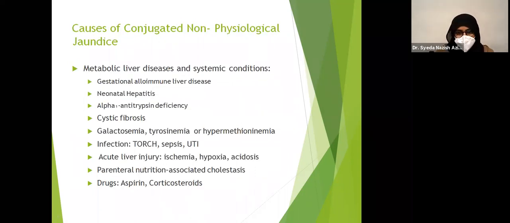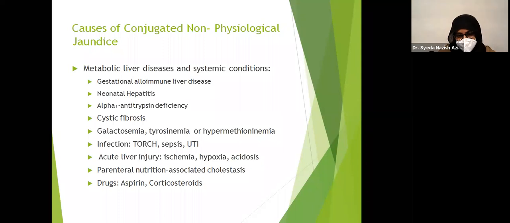Some metabolic liver diseases and systemic conditions may be associated with direct jaundice, like gestational alloimmune liver disease, previously known as neonatal hemochromatosis, where there is iron deposition in the liver and other organs, leading to conjugated jaundice. Neonatal hepatitis is another entity that can cause direct jaundice.